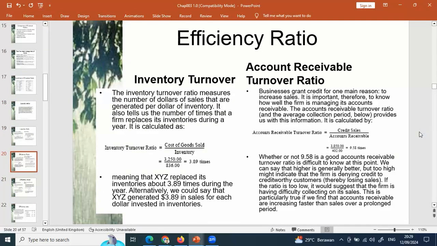So inventory turnover is cost of goods sold for a year divided by the average inventory. For the whole year, it is 3.89 times. The inventory finishes, then you buy a new one, almost 4 times in a year.